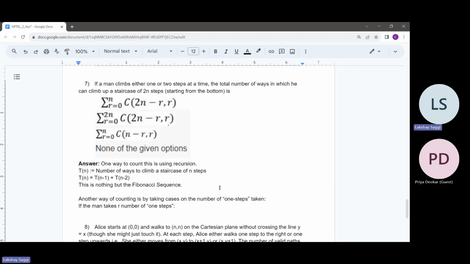Maybe I should present this a bit better. Instead of one steps, let's take two steps. The man can take one step at a time or two steps at a time, right? So we are counting by taking cases on the number of times the man takes two steps at a time.